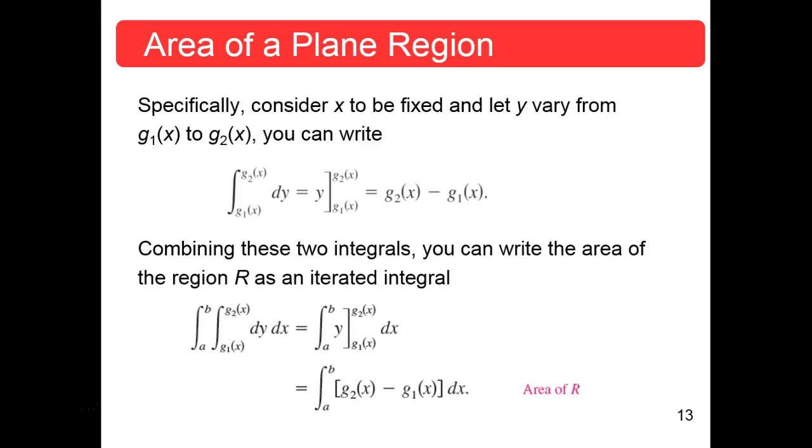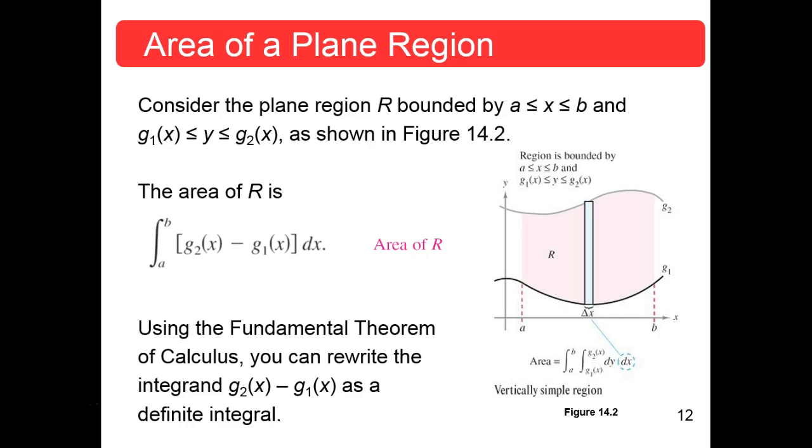Specifically, consider x to be fixed and let y vary from g1 of x to g2 of x. You can write the integral... let's see what they're saying here.